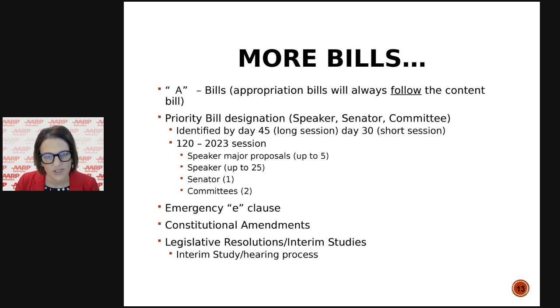And then in short sessions, which is the even number of years coming up, day 30 is when those speaker priorities, senator priorities, and committee priorities have to be signed. As I have listed here, in 2023, there were 120 priority bill designations between the speaker, the senators themselves, as well as the committees. And I have again listed specifically for you the numbers of those that can be identified.